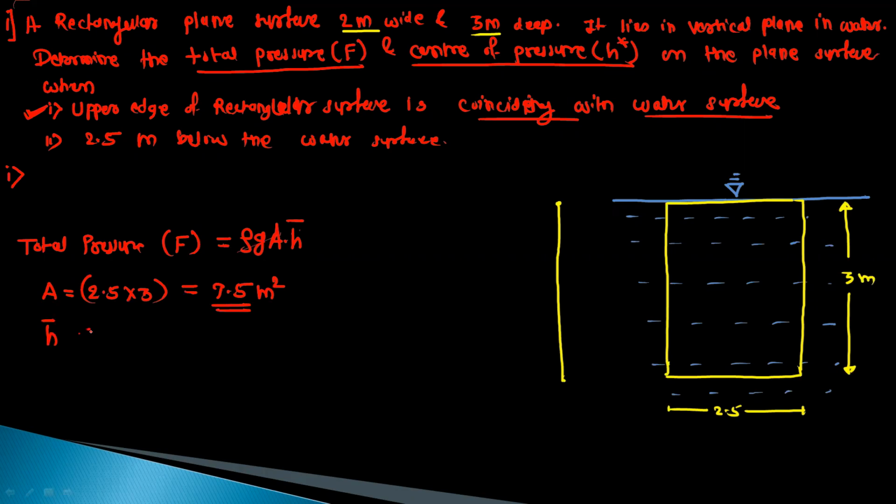Then h bar is the distance of the center of gravity. So first we have to find out the center of gravity for this submerged area. So this is the center of gravity. This distance with respect to the free surface is the h bar value. Right now the total is 3 meter, so h bar will be 1.5.